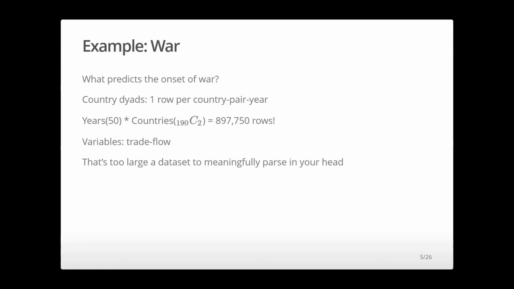That's 190 countries, choose 2, combination, not permutation, the order of the countries doesn't matter, times 50, which equals 897,750 observations. And since we might be interested in the causes of war, we might observe the total amount of trade flow between our pairs of countries, for example.